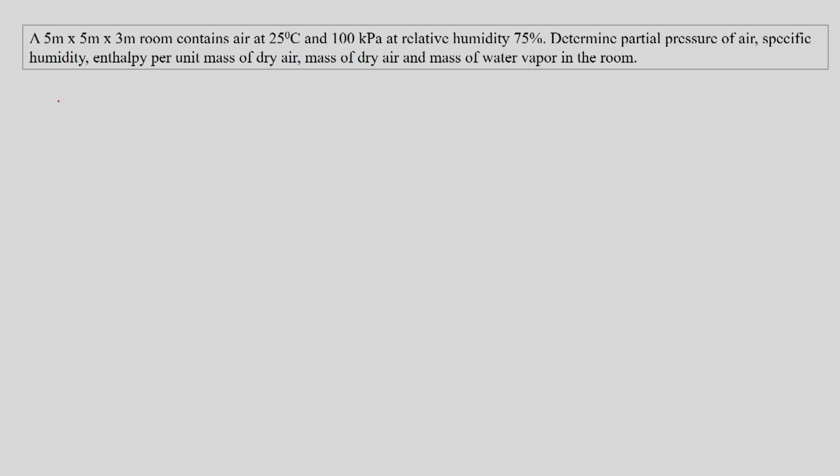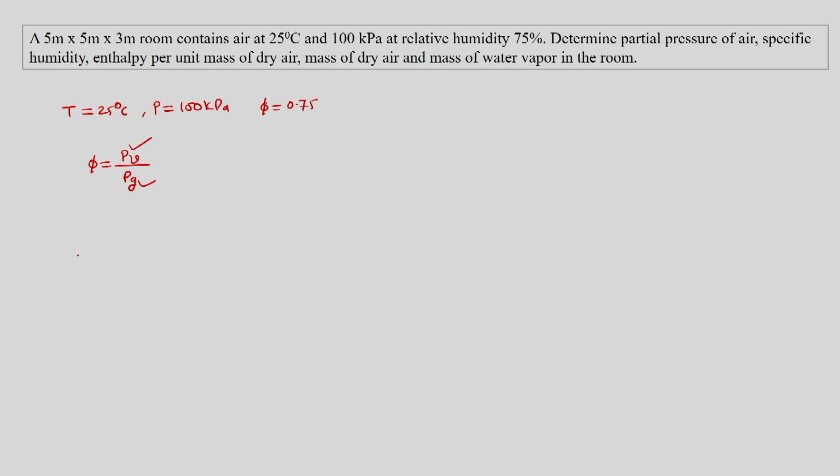So, here we know that we are given with air temperature as 25 degrees Celsius, the total pressure is given as 100 kPa and relative humidity phi is 0.75. We know that relative humidity phi is equal to PV divided by Pg. This is partial pressure of vapor and this is also partial pressure of vapor, but at the saturation state.